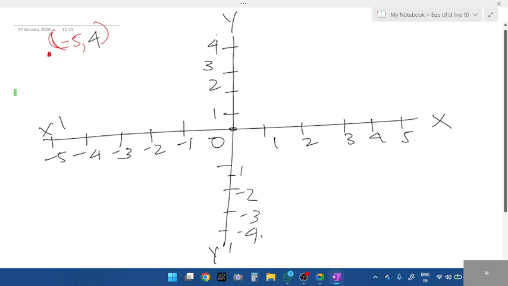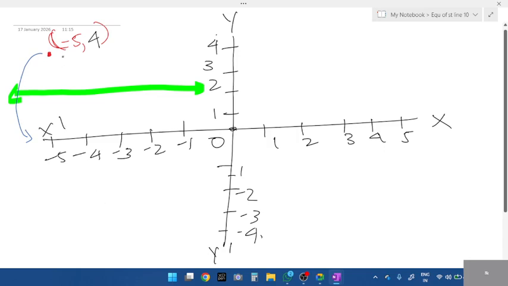Imagine there is a mirror here, like this. If the mirror is given here, obviously the reflection will be in the opposite direction. But the values are not the same.